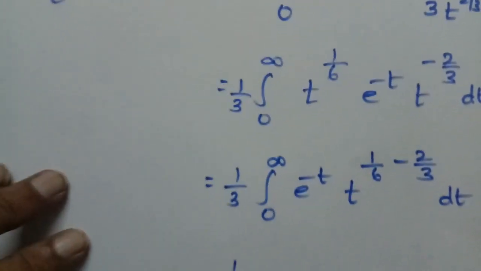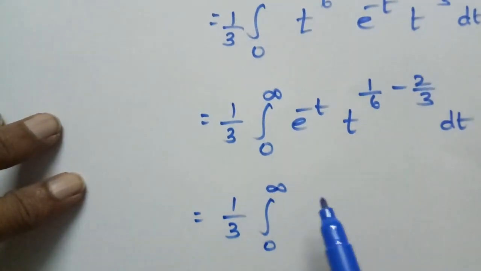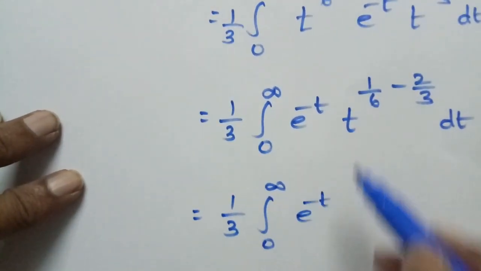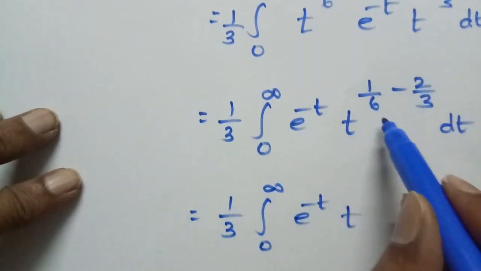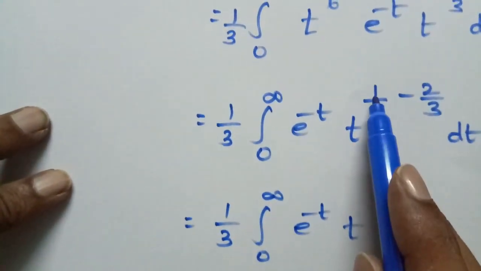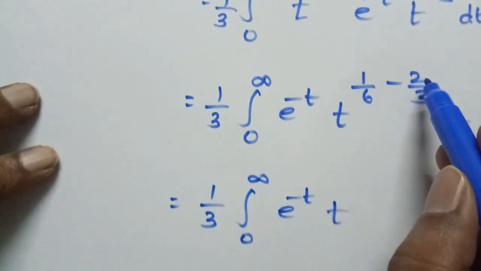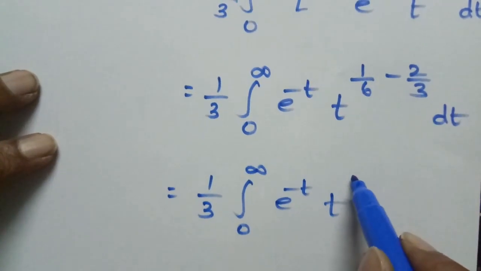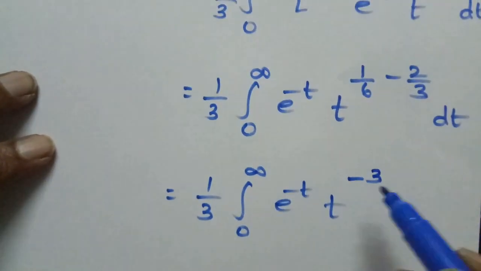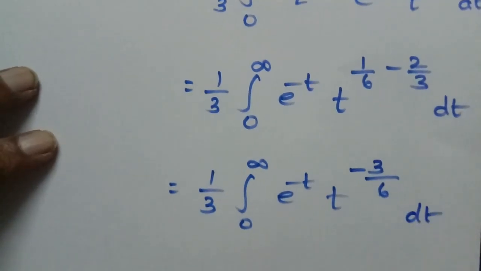Therefore, this is equal to 1 by 3 times integral 0 to infinity e power minus t into t to the power of 1 by 6, 6 is the LCM, therefore 1 minus 4. So 1 minus 4, that is a minus 3 by 6 into dt.